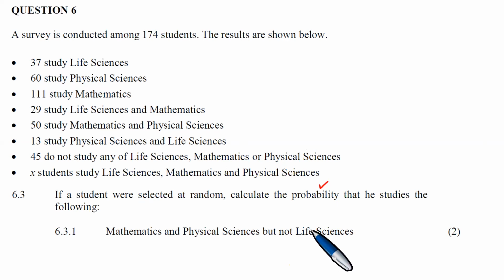The student does not like life sciences and decides, I want to do only math and physics, but not life sciences. That is their choice. But now, what is the probability? Just 2 marks.